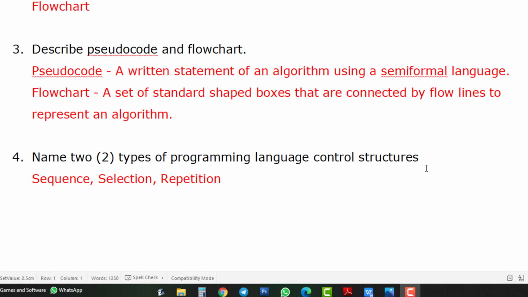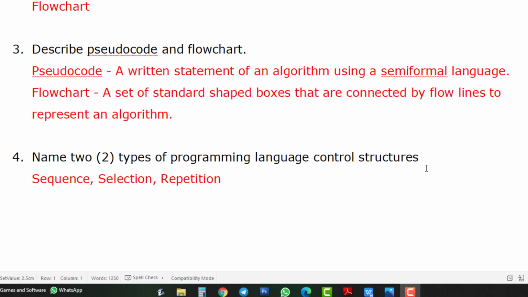Okay, now we will continue to question number 4. Name 2 types of programming language control structure. A programming language has 3 control structures: sequence, selection, and repetition. So what is a sequence?